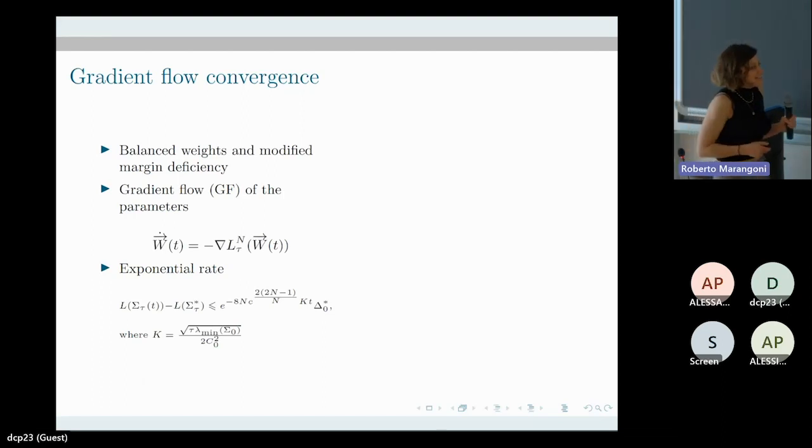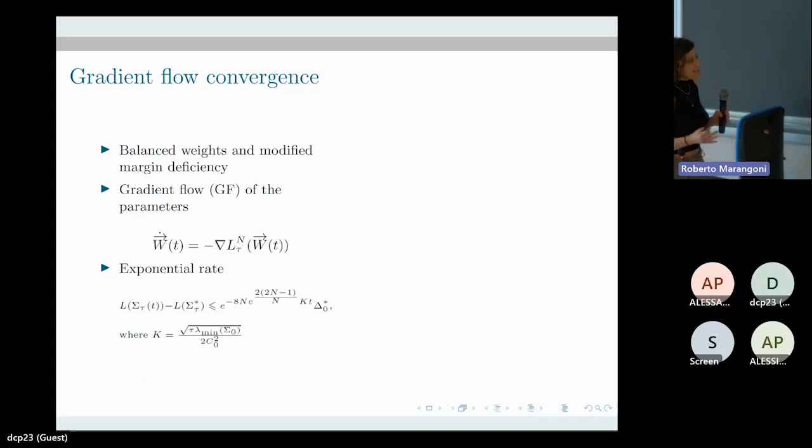And C has to do with the minimum singular value of the target covariance matrix, n is the number of layers, delta naught is the distance from sigma naught to the optimal solution, and k is a parameter of the strong convexity of our loss function when we use this perturbation.